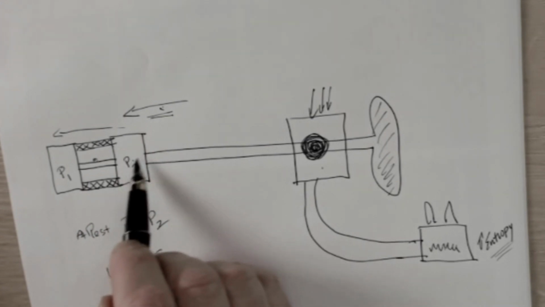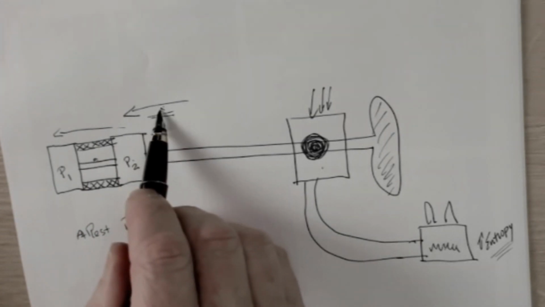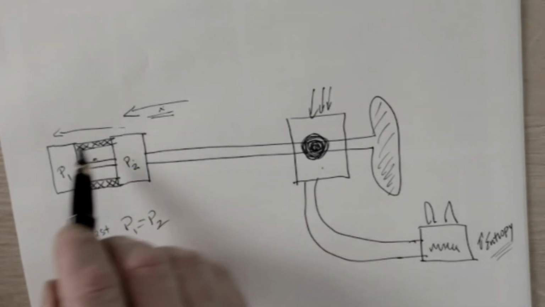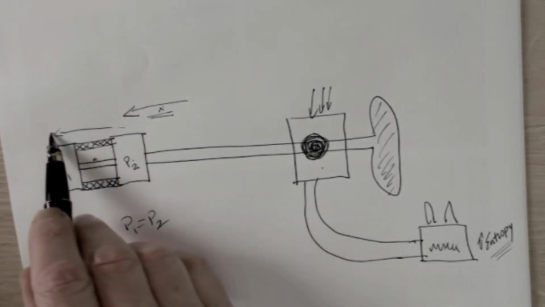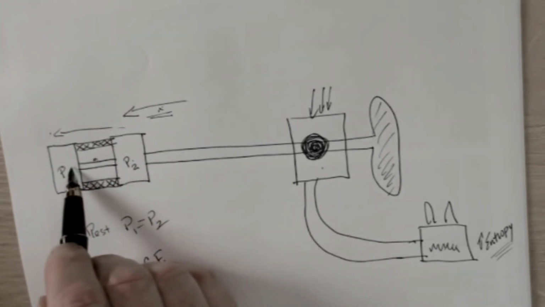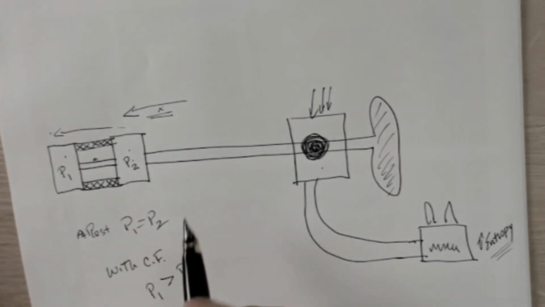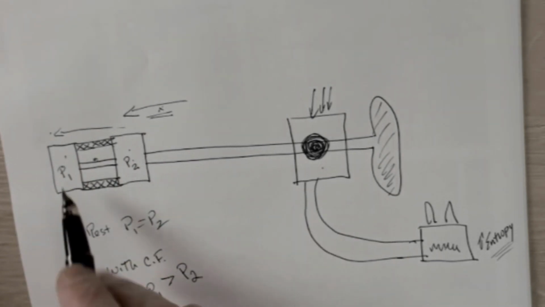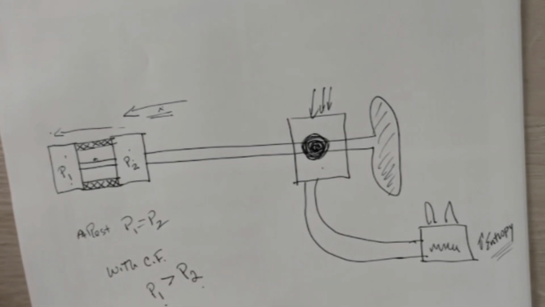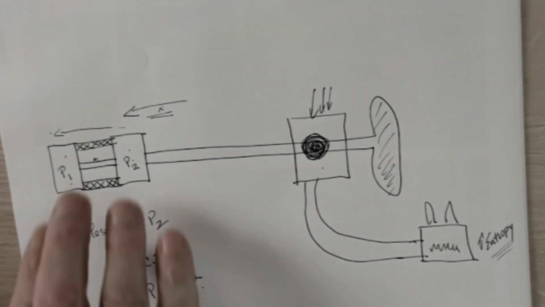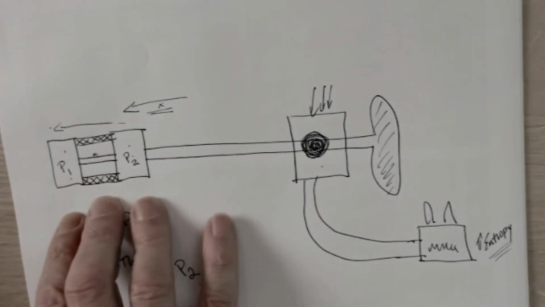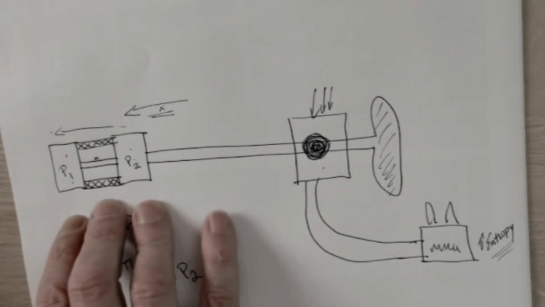So the air here has mass. We are applying a force in this direction. That air will move through this pipe from this chamber to that chamber. The result is that the pressure in the far chamber will be higher than the pressure in the near chamber. Now, we don't normally do this with gas, although we can use gas centrifuges.